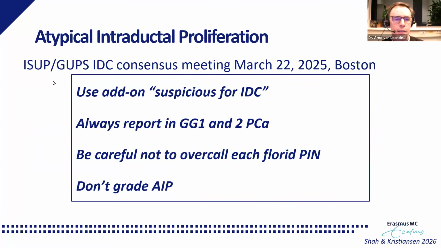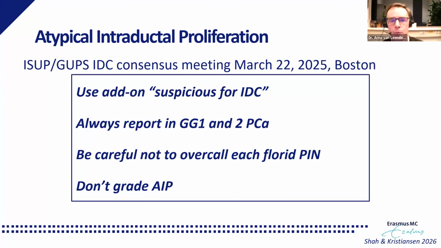So what did we reach consensus on? Don't just mention atypical intraductal proliferation without a note in your conclusion. Urologists generally do not know what to do with that. So always add atypical intraductal proliferation, suspicious for IDC, then they know what to do. You should always report it in grade group 1 and 2.